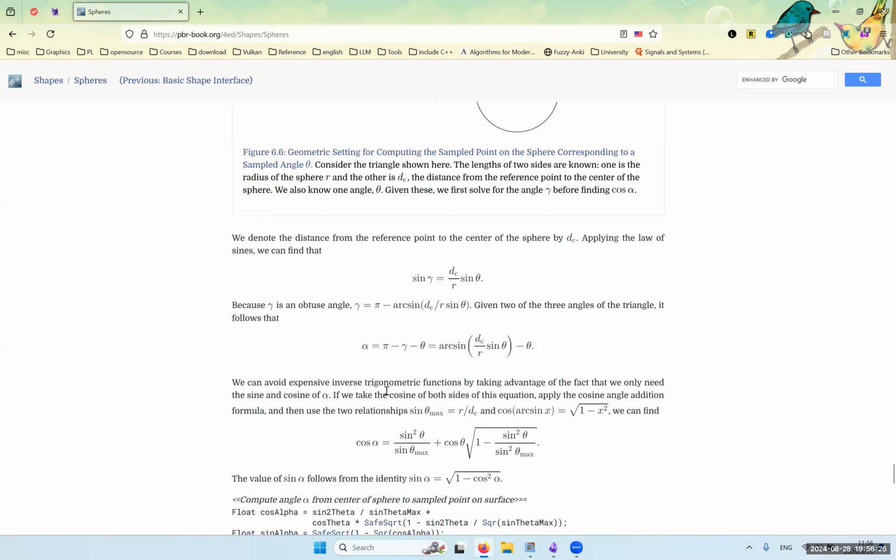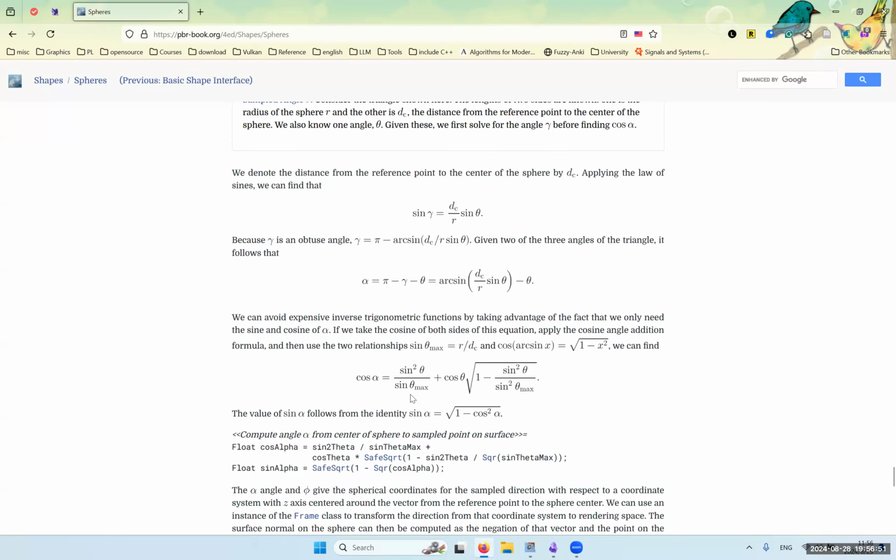And then using two relationships, this and this, we can find that. Okay, there are a lot of steps they just omit in here. But well, I will trust them to get this. And yeah, sine alpha is just this.